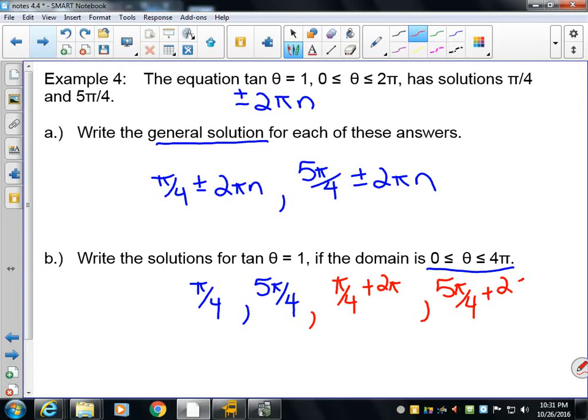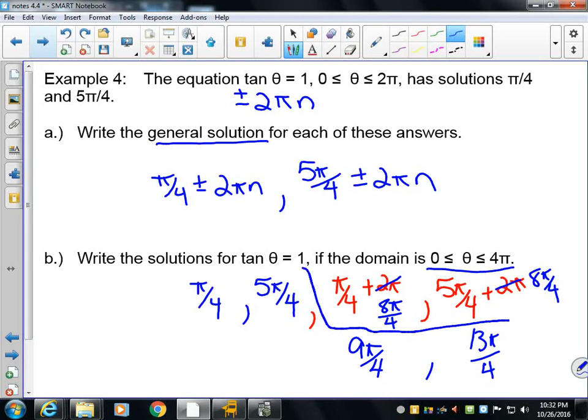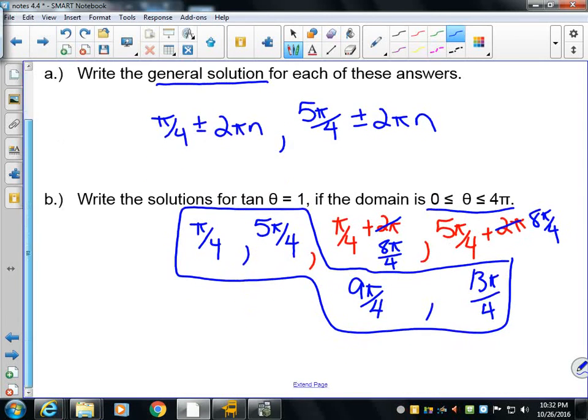But how do you actually add 2 pi? Lots of people think of it as 8 pi quarters. That's what 2 pi is. So my answer would be 9 pi quarters. And here, if I add 8 pi quarters, it'll be 5 plus 8. That's 13 pi quarters. So my 4 answers from 0 to 4 pi are right here.